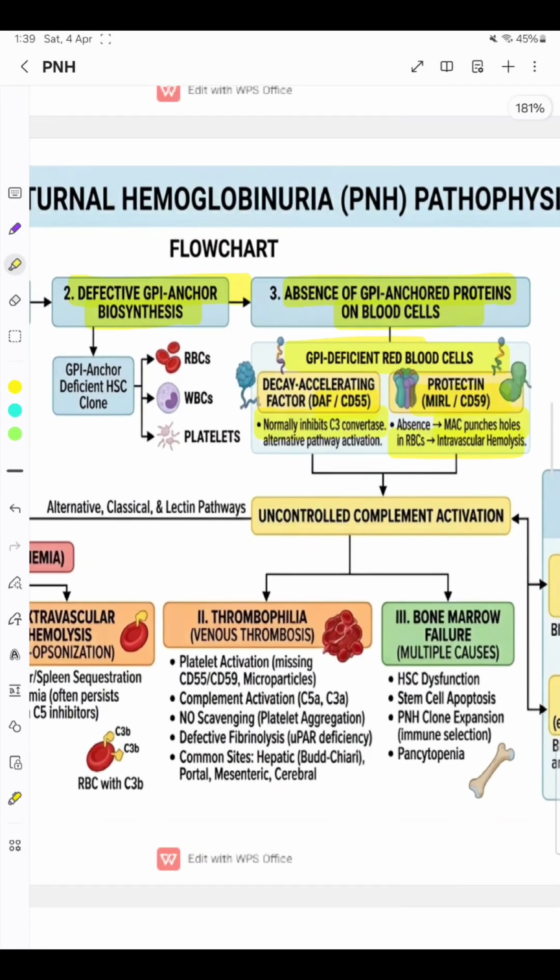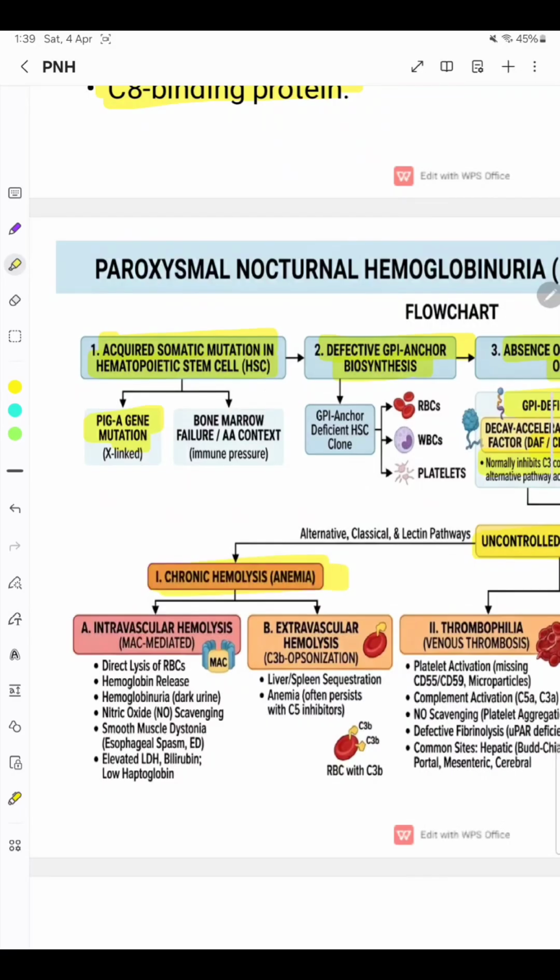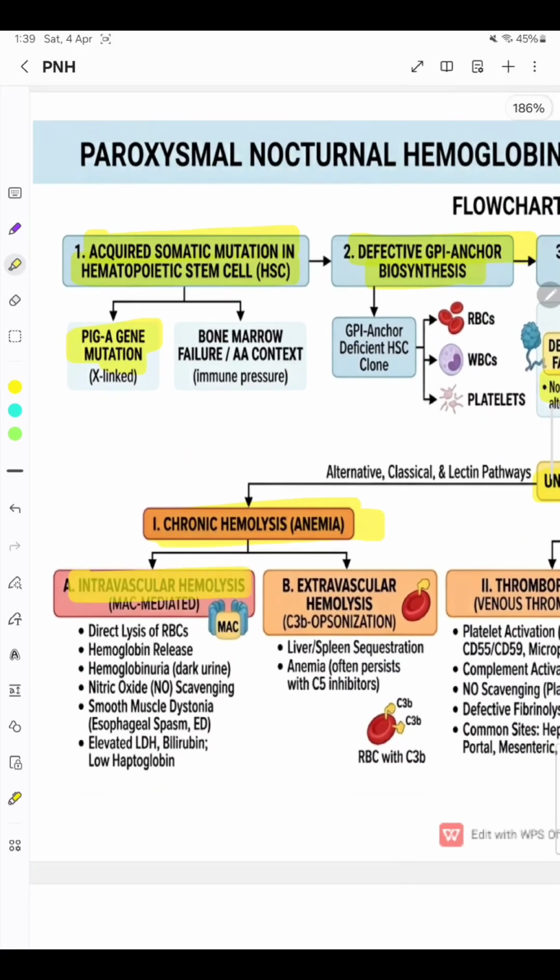As we have discussed, due to the decreased GPI anchored proteins CD55 and CD59, there will be uncontrolled complement activation. This will result in chronic hemolysis. This can be intravascular, mediated by the membrane attack complex, or extravascular due to the lack of inhibition of the C3 convertase.